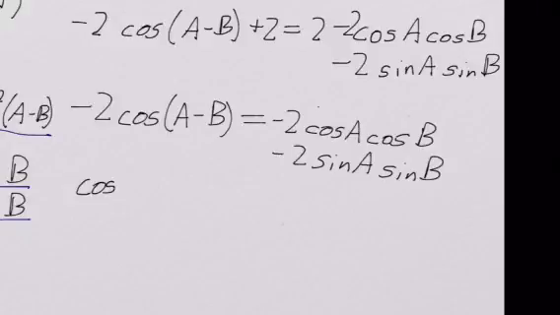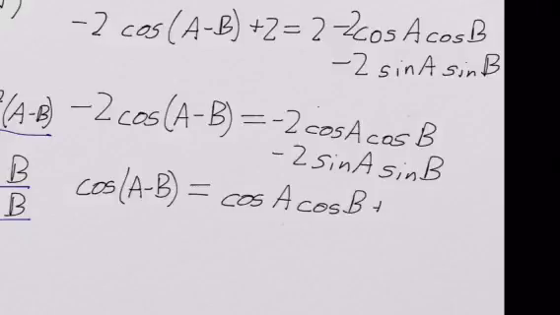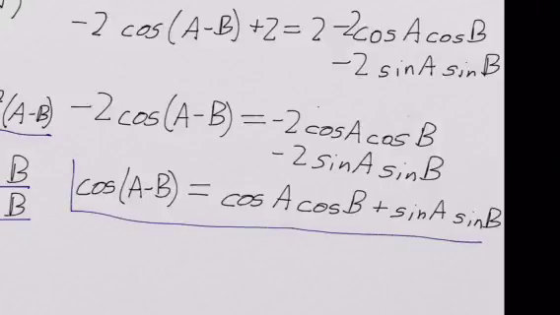So we get cosine of a minus b is equal to cosine a cosine b plus sine a sine b. So that's the identity for the difference.